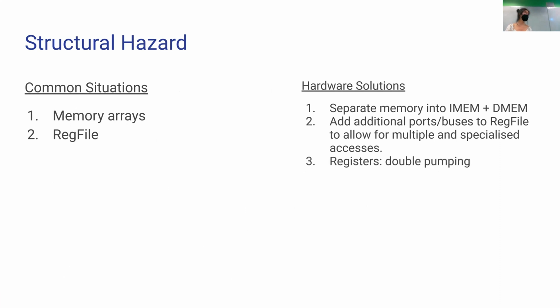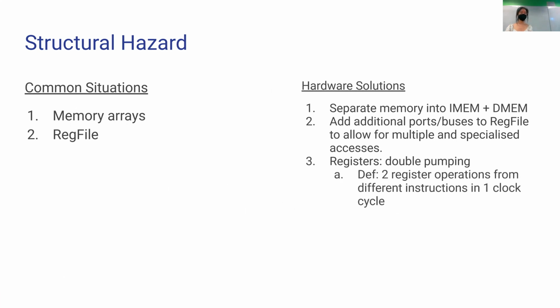And for registers in particular, double pumping. So read, write, or write, read. The official definition, again, is two register operations from separate instructions during one clock cycle. It feels like it violates timing conventions, but it's not, it's just a slightly more complex version. We're not going to be talking about the specifics of timing there, just because it gets a little complicated.